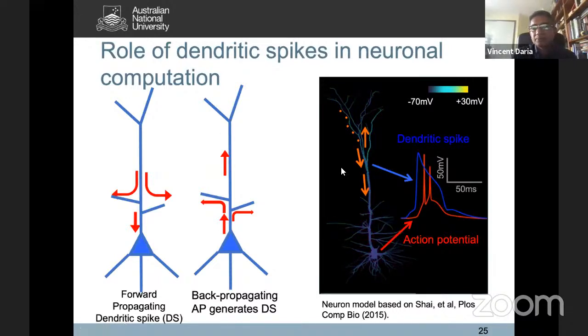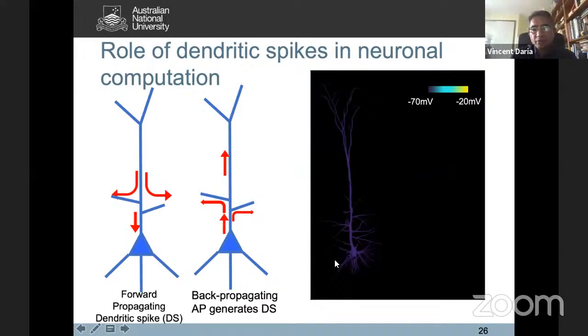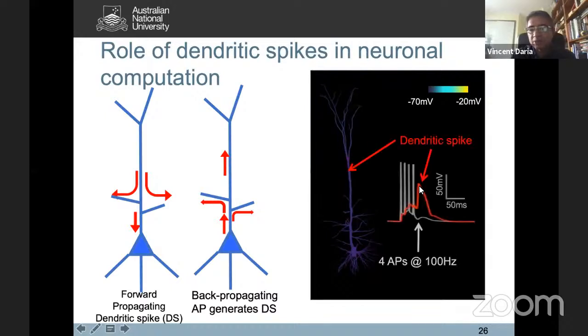So if we fire action potentials here, this is a modeling experiment, it will make this neuron fire a dendritic spike that looks like this one here. If you make this neuron fire 4 action potentials using an electrode, it will produce a dendritic spike also at this region.